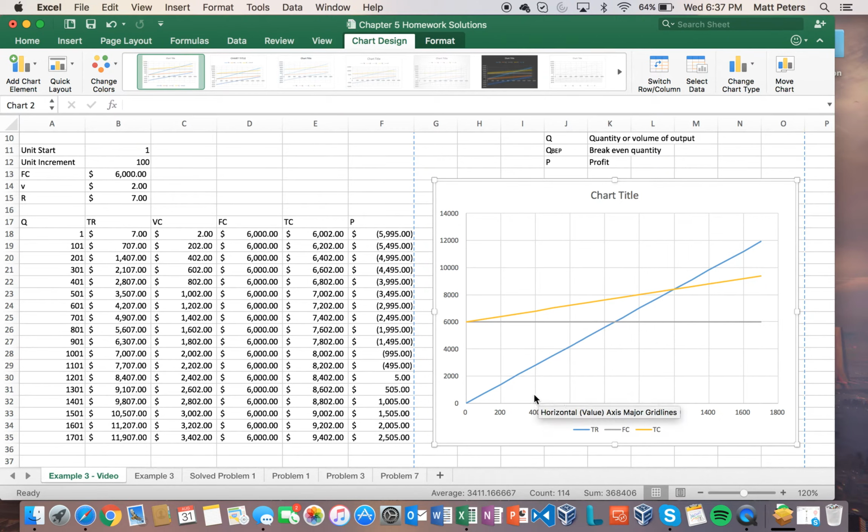Okay, so when we're down here selling like 200 units, our total cost is way above our total revenue, so it's not worth it. Our break-even point is right around here, right around 1,200. And you can see that matches right around here, right around 1,200 is where that crosses.